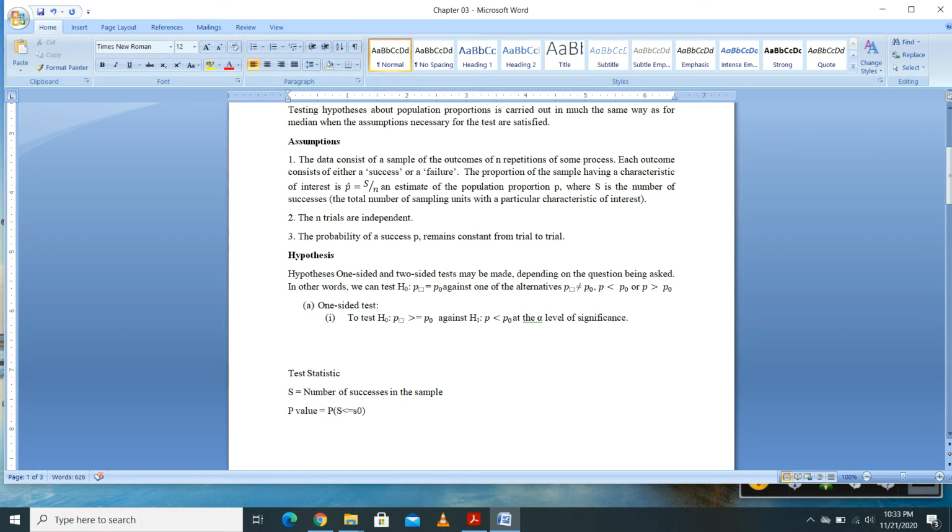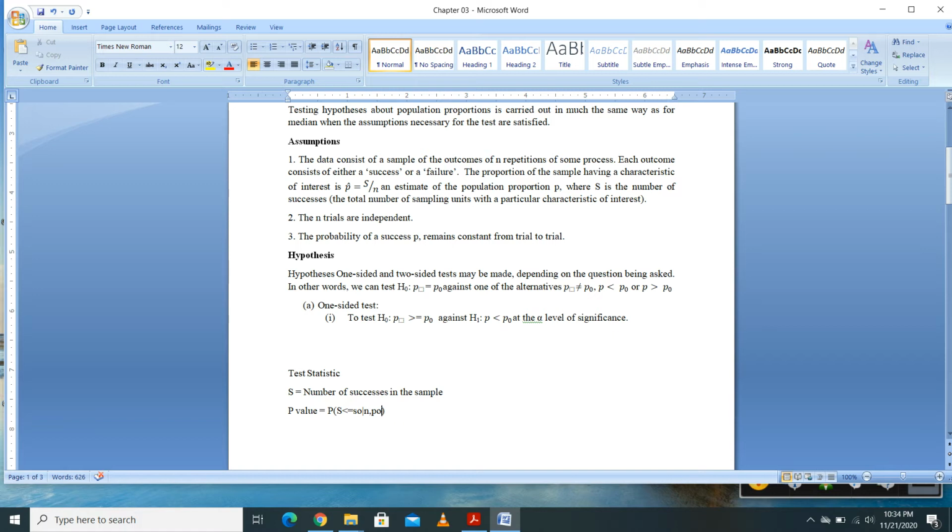I'll denote the observed value by S naught, given that the sample size is n, and p naught is the value that we use to test the population proportion.